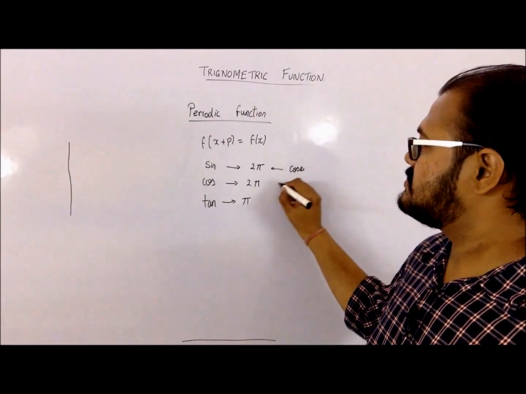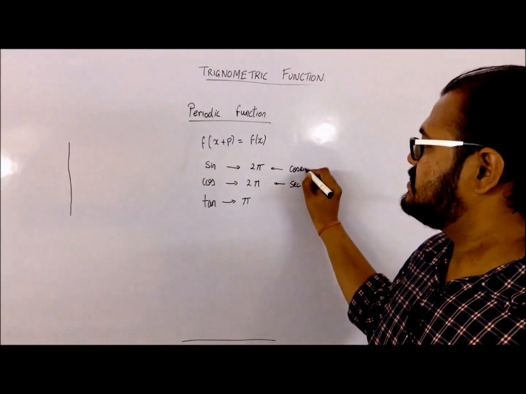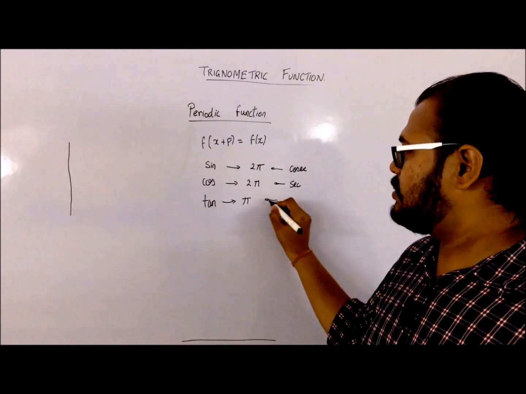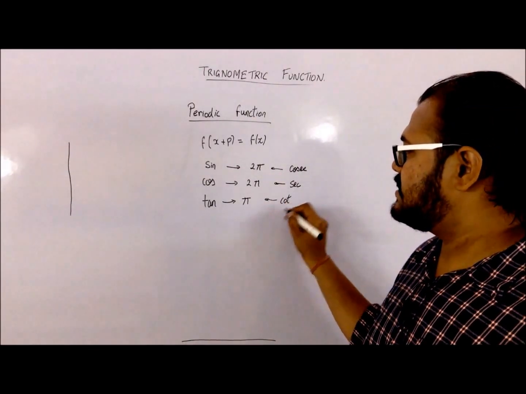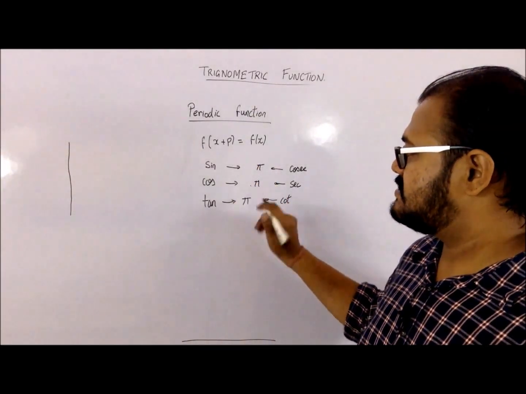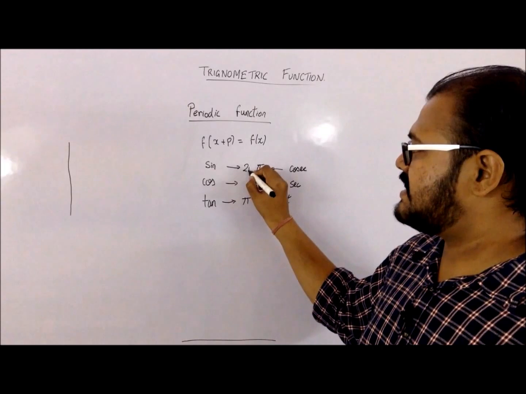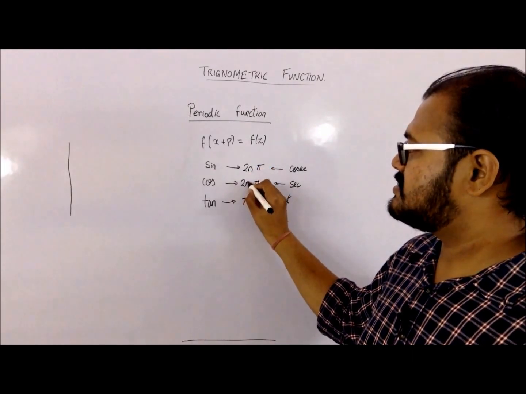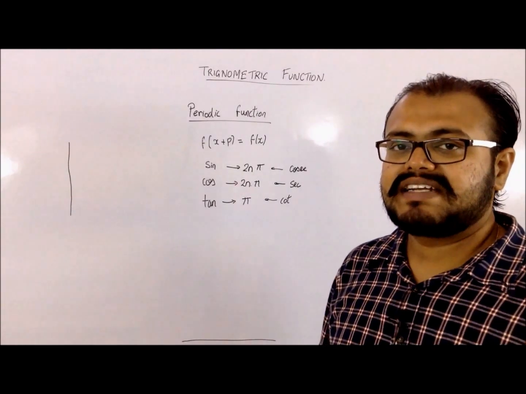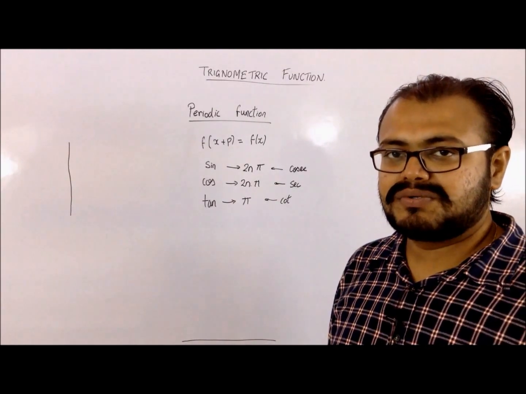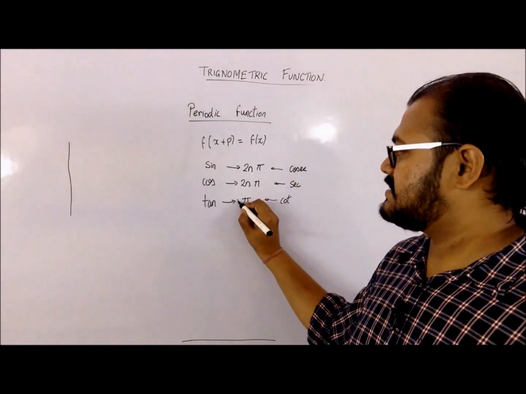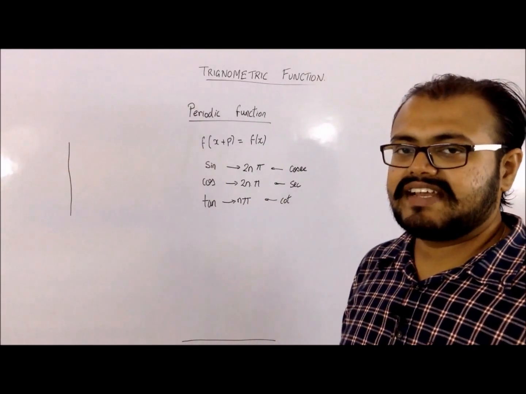Cosec and sec have the period 2 pi, and cot has a period of pi, just like tan. This can be generalized by saying that sine, cos, cosec and sec have a repetition after every 2n pi, and tan and cot have a repetition after every n pi.